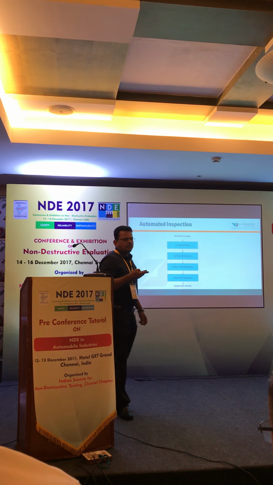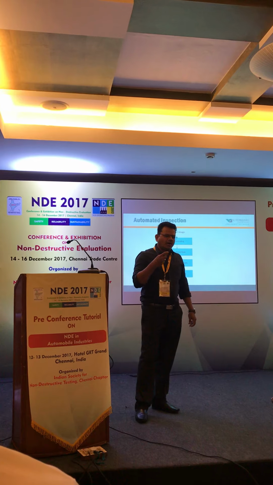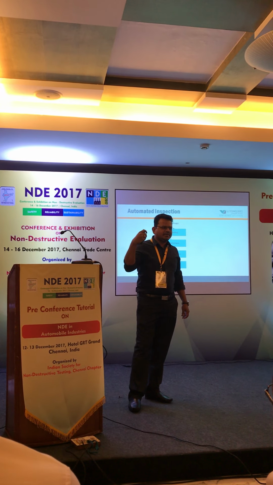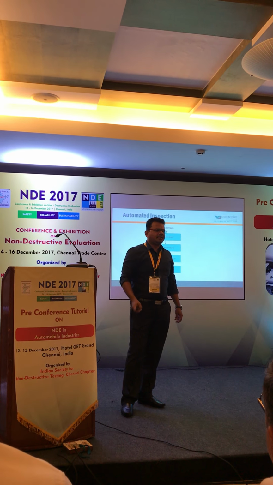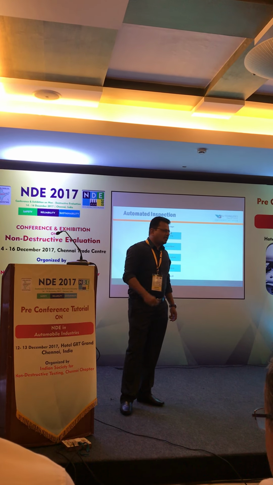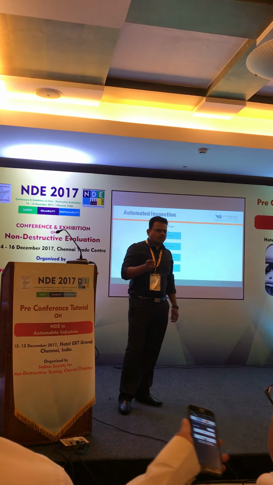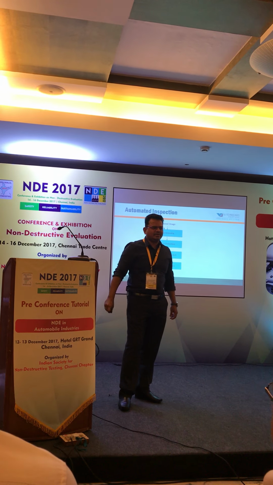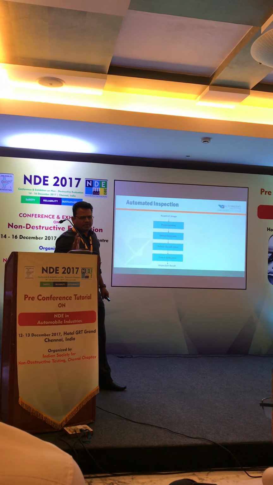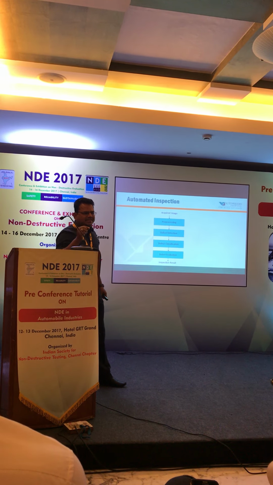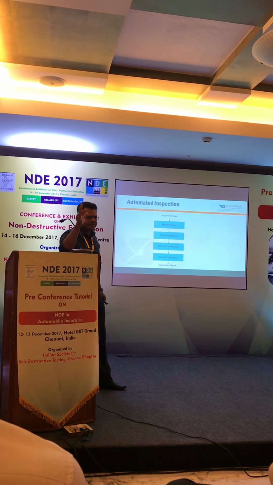This is semi-auto, where the ADR gives you the result. Okay, I found a defect, I'm failing this part. The operator thinks, no, I'll pass this part. So the decision again depends upon the operator, but the ADR also gives you its decision.